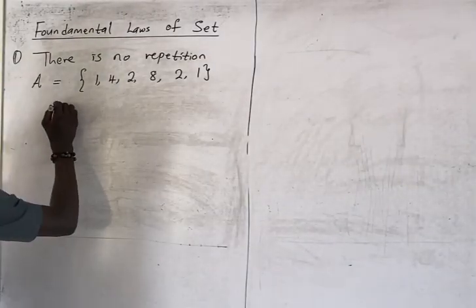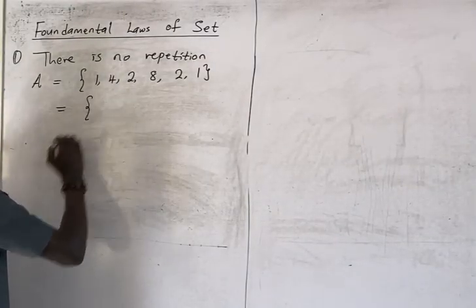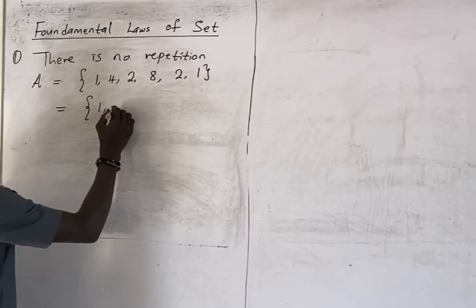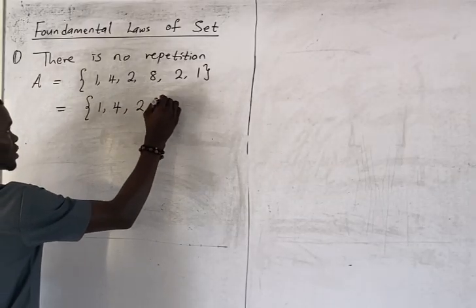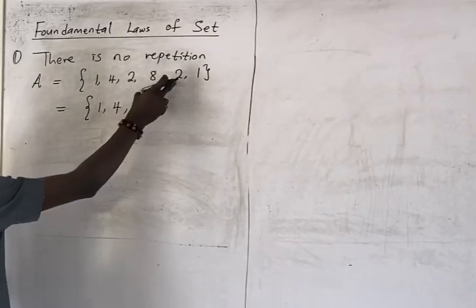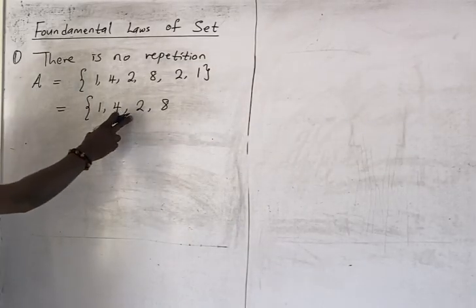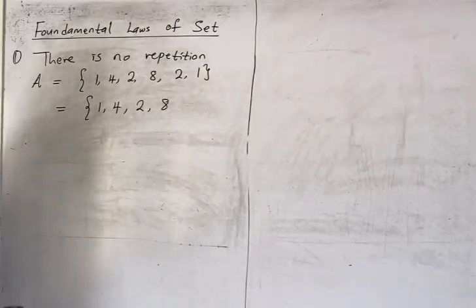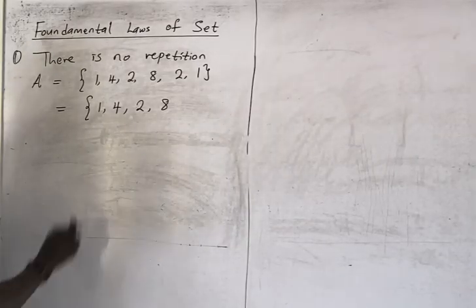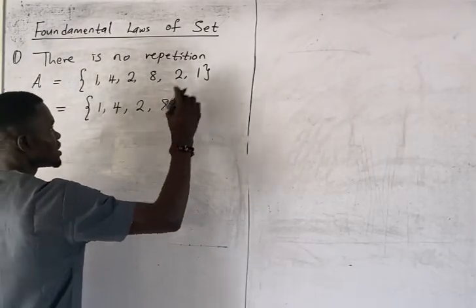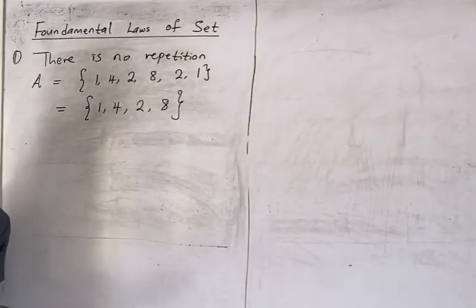This is the same thing as 1, 4, 2, 8. What about these 2? It is here already. What about this one? It is here already. So there is no need to repeat any element of the set. So this and this are the same.